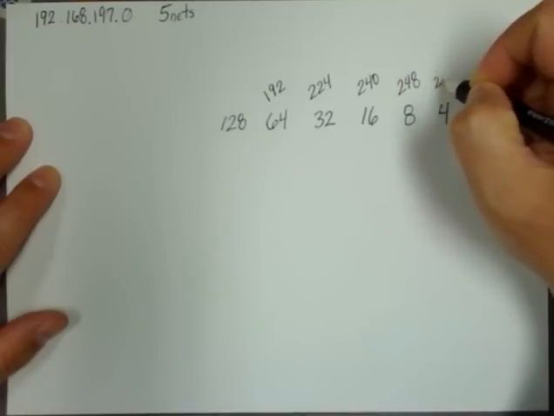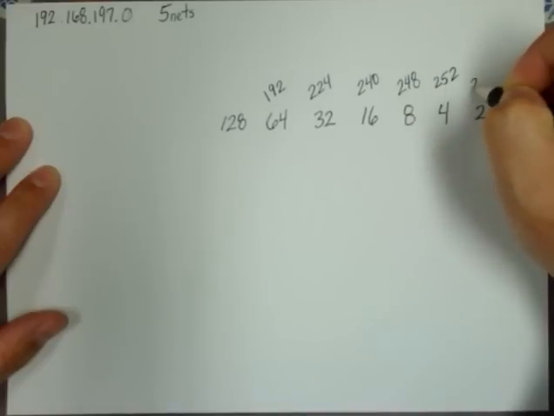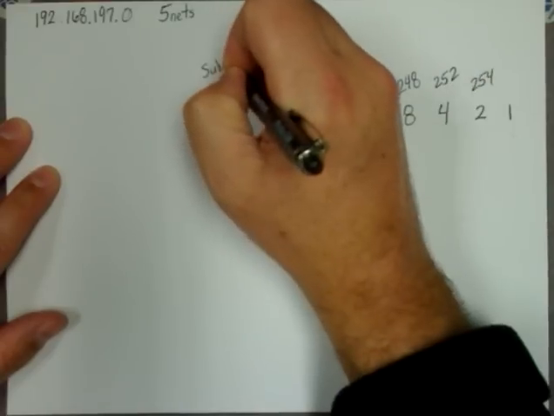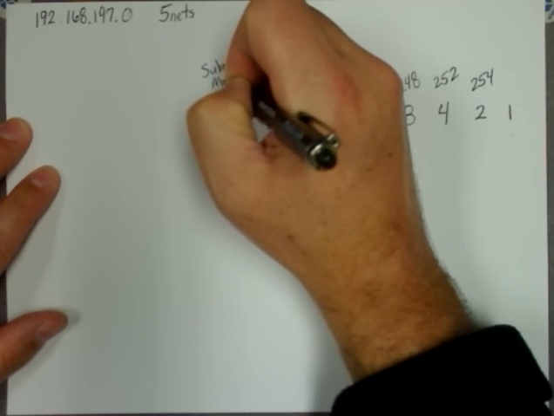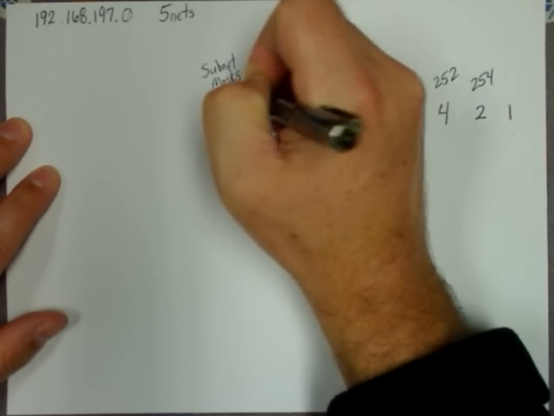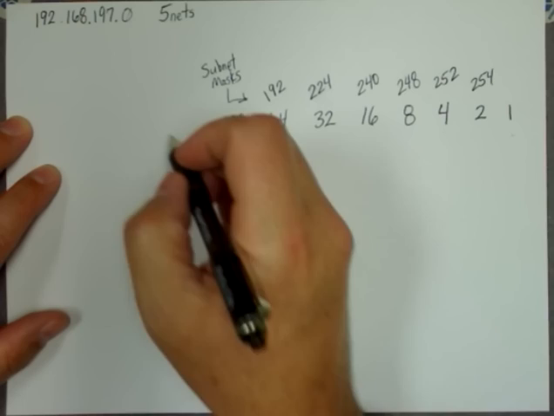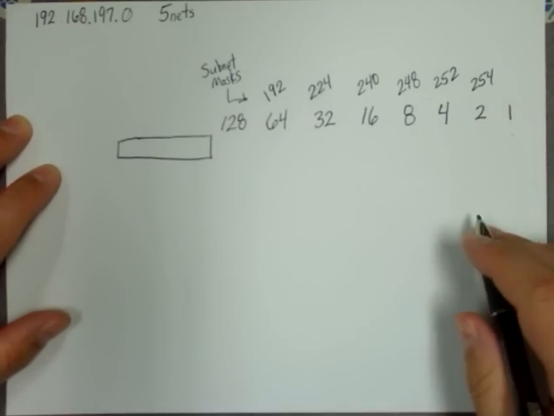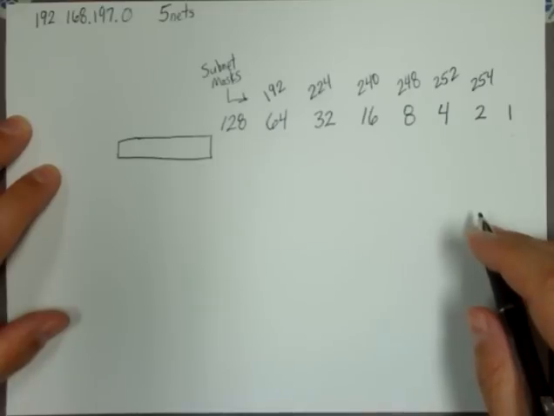Plus 4 is 252. Plus 2 is 254. Again, these are subnet masks here. Then I like to draw a box as kind of a placeholder for the default 255s that I will be utilizing for the subnet mask.